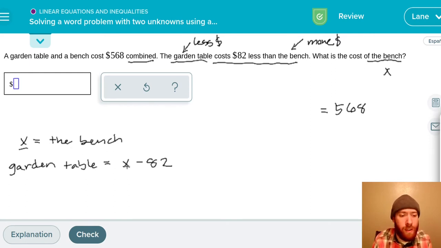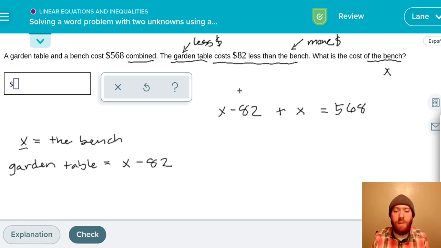So the garden table is x minus 82, and the cost of the bench is x, and this is what we get when we add them together. x minus 82 plus x is the combined cost of the garden table and the bench.